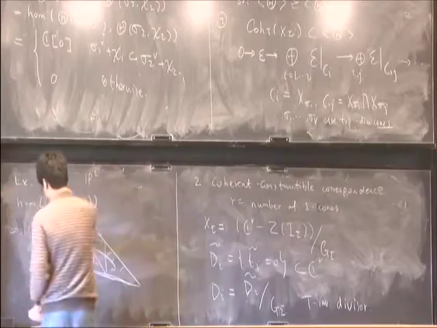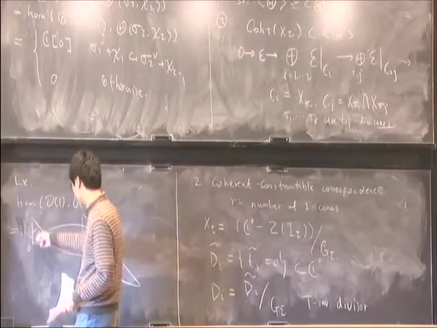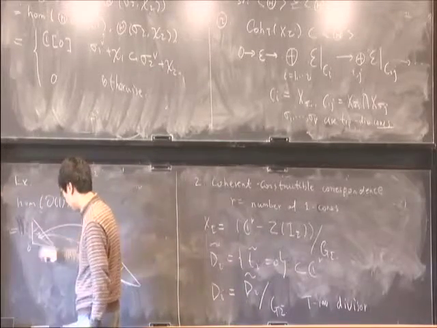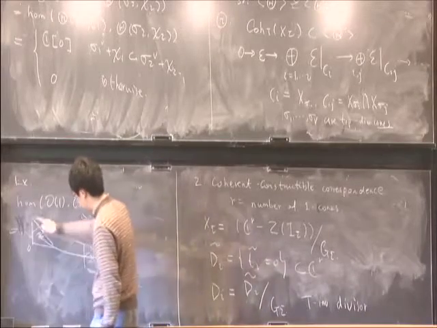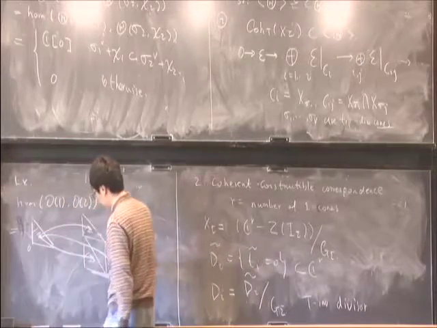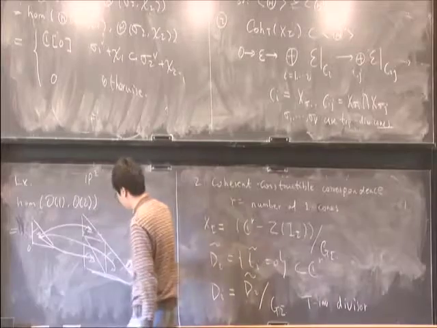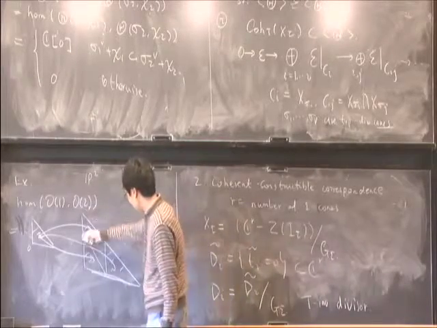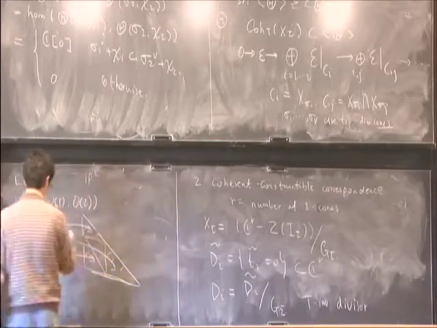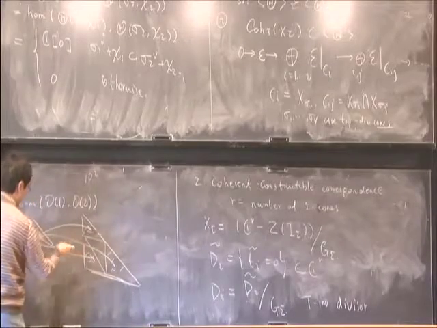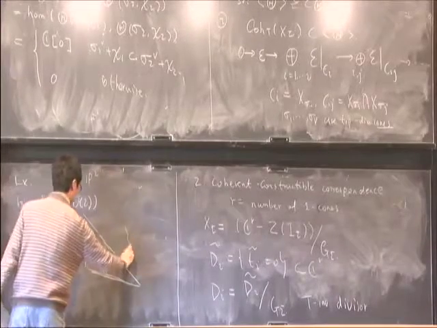Since this is the proper pushforward of constant sheaves on this smaller region, there's a morphism from it to the proper pushforward of constant sheaves on this larger region. So essentially, if you count, there are three possible pushforwards.